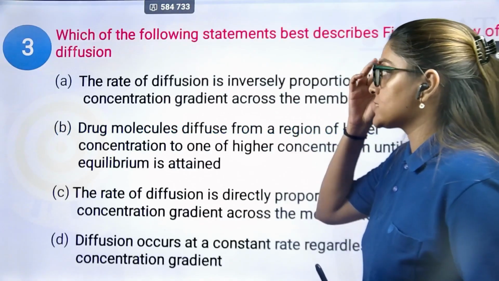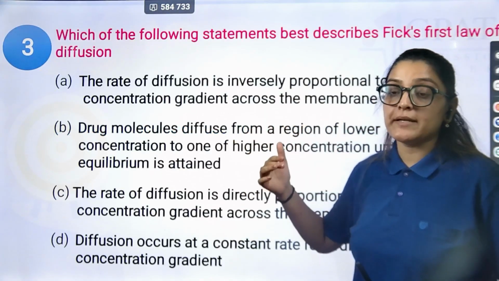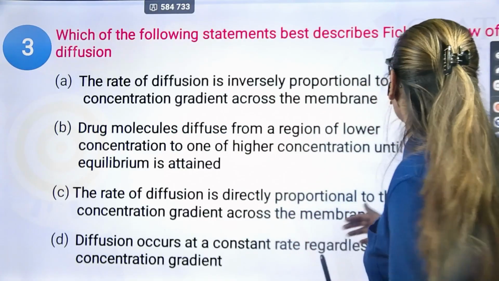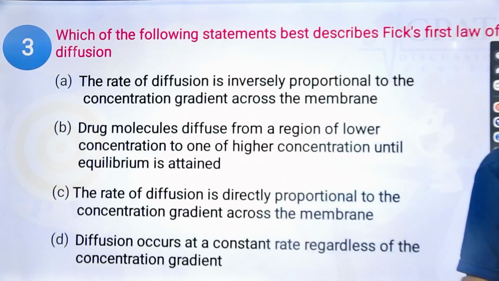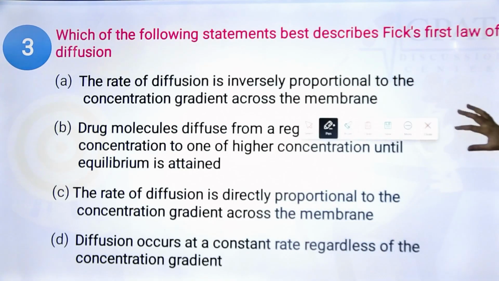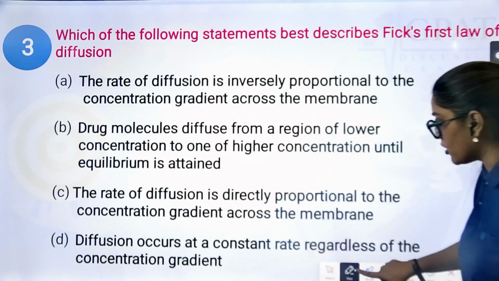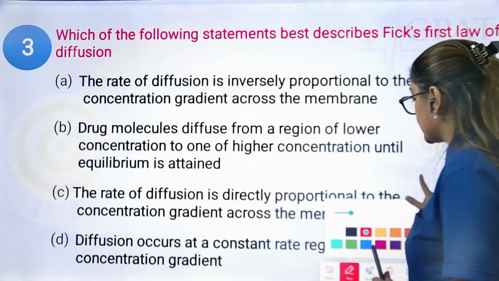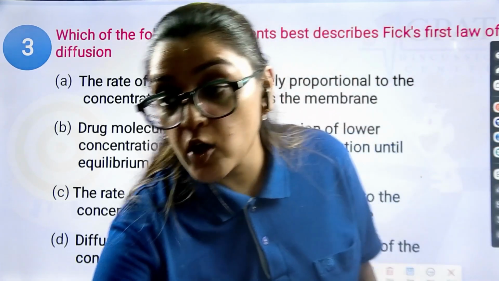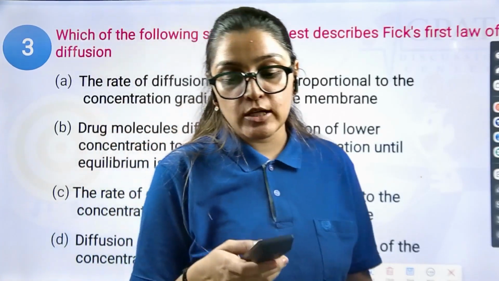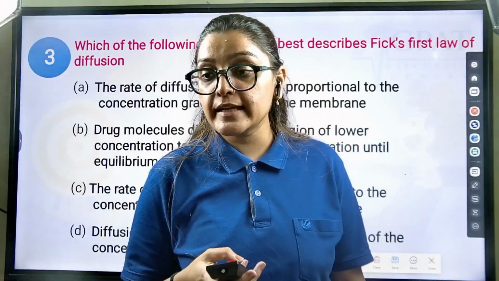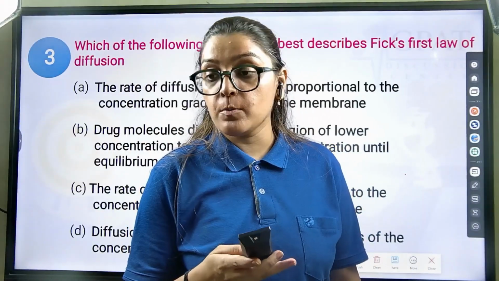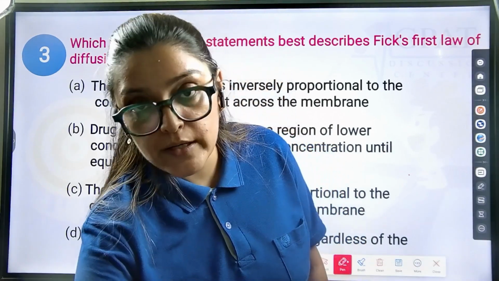Okay. Next, which of the following statements describes Fick's first law of diffusion? We all know that in the diffusion process, a concentration gradient is developed. That concentration gradient causes the movement of the drug from the higher to the lower concentration.